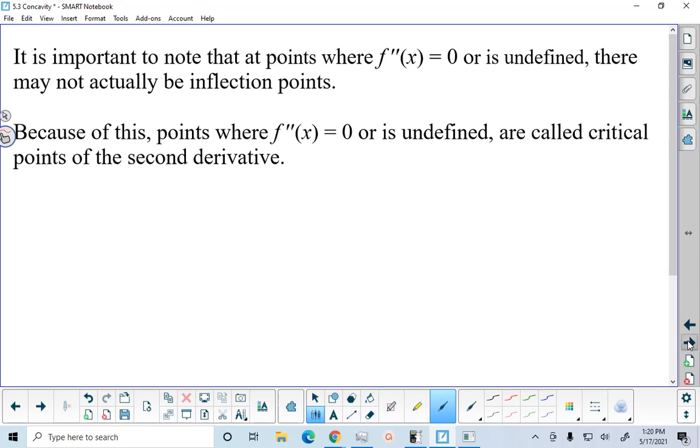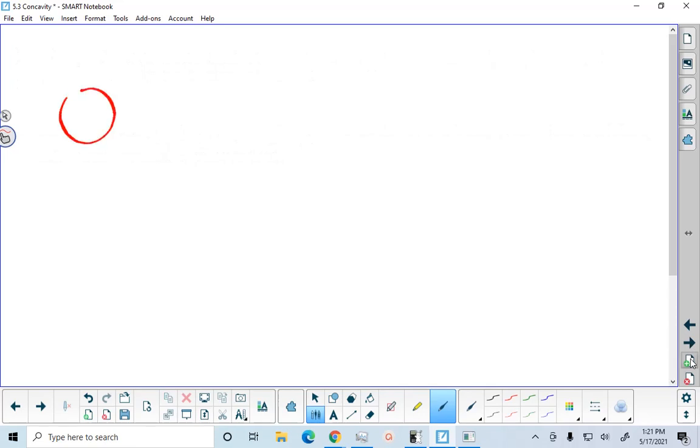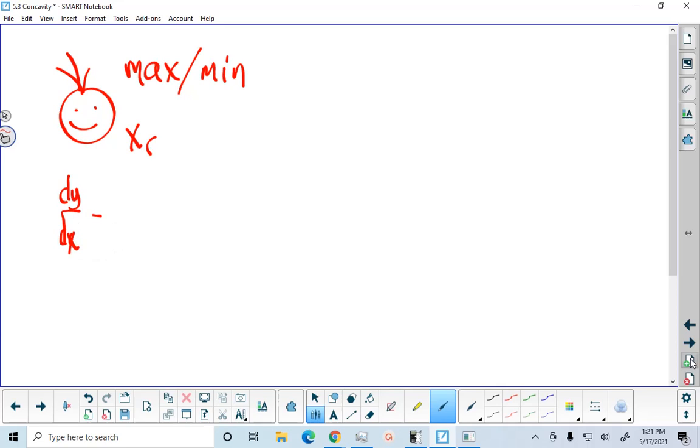So if you are interested in max-mins, try to break this down. If you're thinking here about max-mins, then you find the critical values of x by asking where does the derivative equal 0 or where does the derivative give an undefined value.